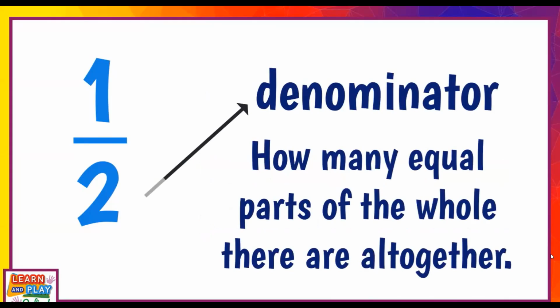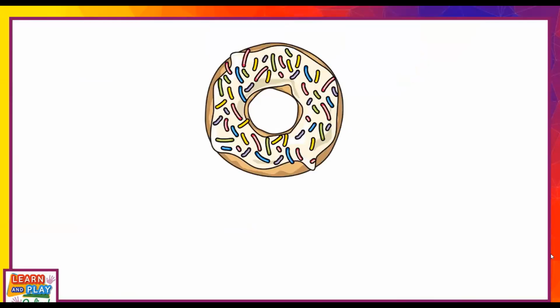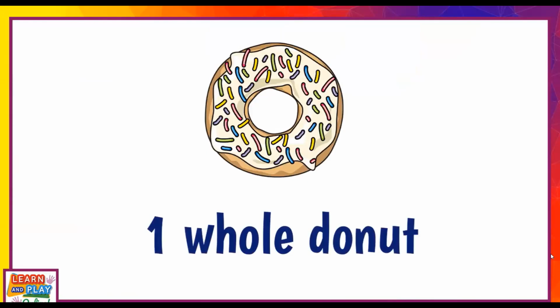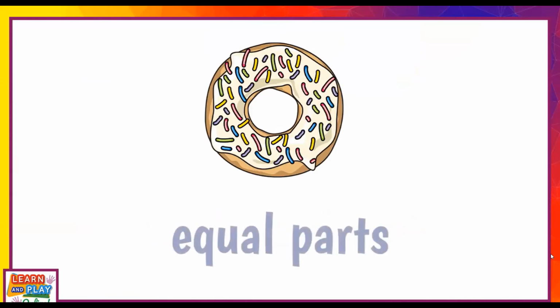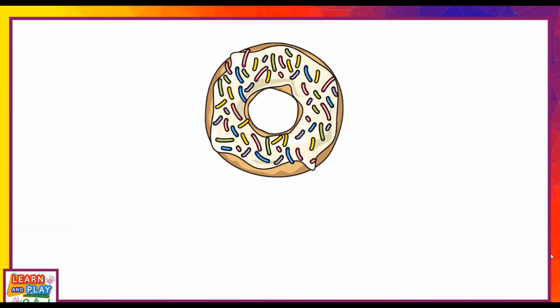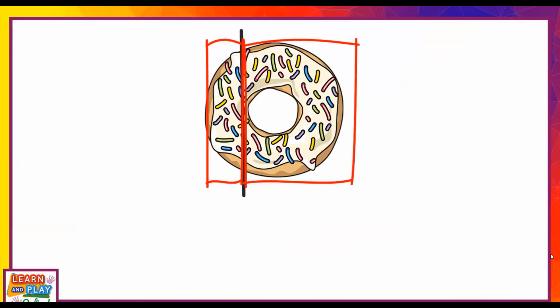Now let's go through some examples so we can have a better understanding. Here we have one whole donut. If I wanted to share the donut with someone, I would have to cut it into equal parts and make it fair. If I cut my donut like this, I'll have one small piece and one big piece.